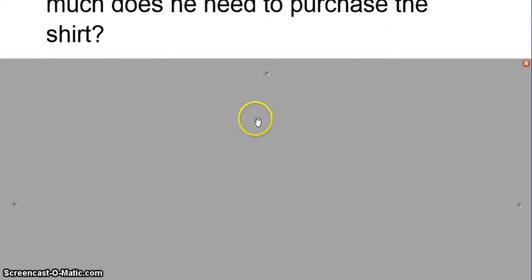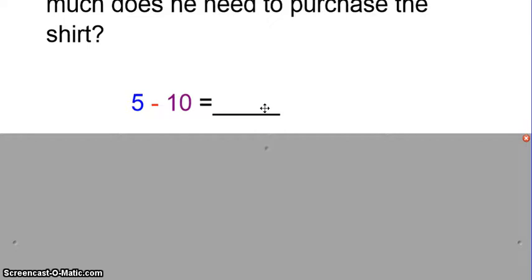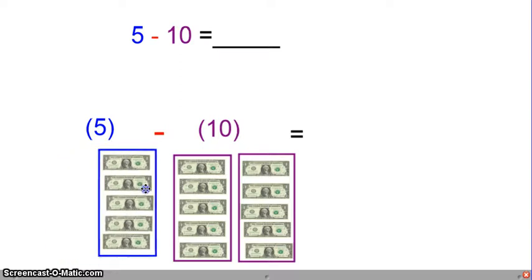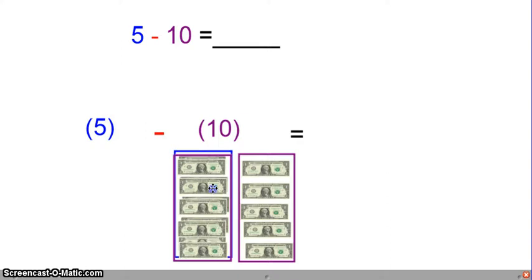Please pause the video. Alright, after you've paused the video, it might look something like this. We might have 5 minus 10 because 5 is the number of dollars Mike has, and 10 is the number of dollars he needs to buy the shirt. So we're trying to find out how many he needs. So if we look at this problem down here, in the purple is the number of dollars that the shirt costs. 5 is how many Mike has. So if Mike subtracts 5 from 10, these two will overlap.